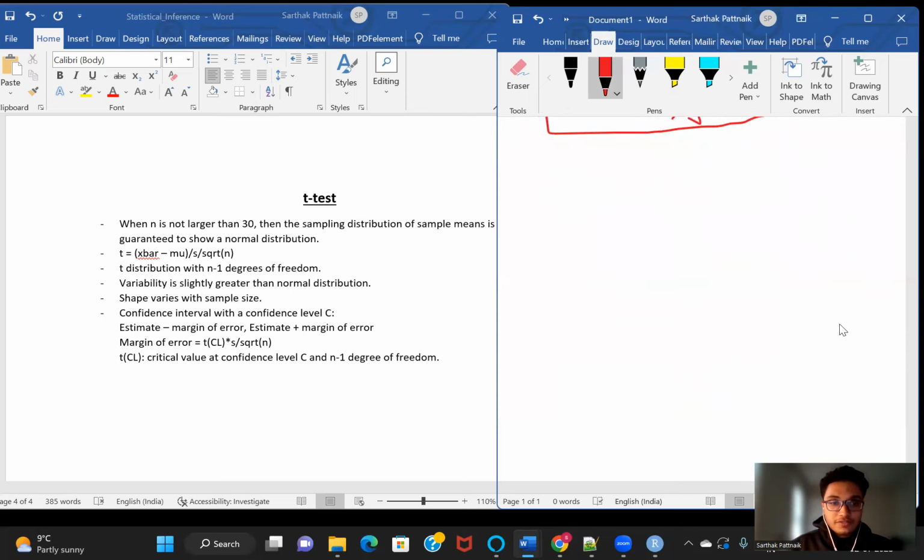Now, since the calculation of test statistic remains the same, what changes in t-test is how you calculate the critical t-value.